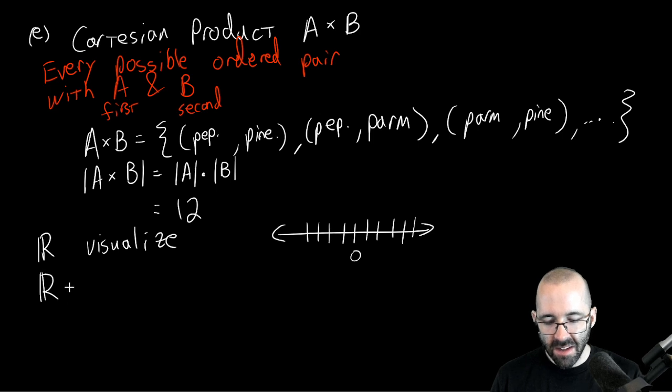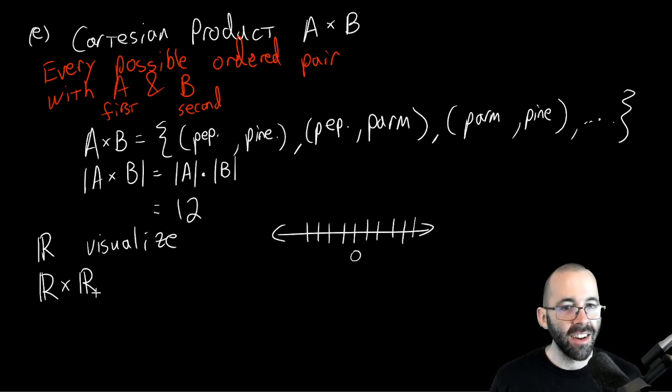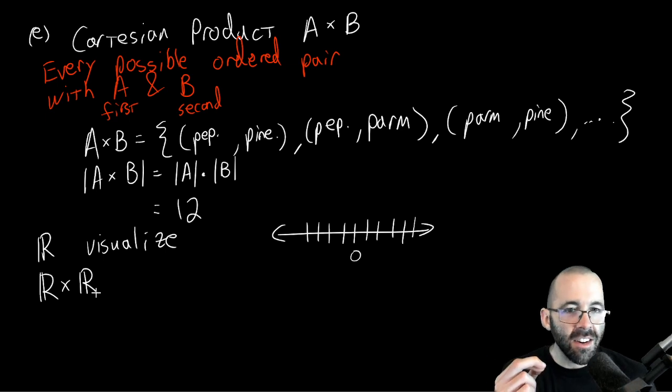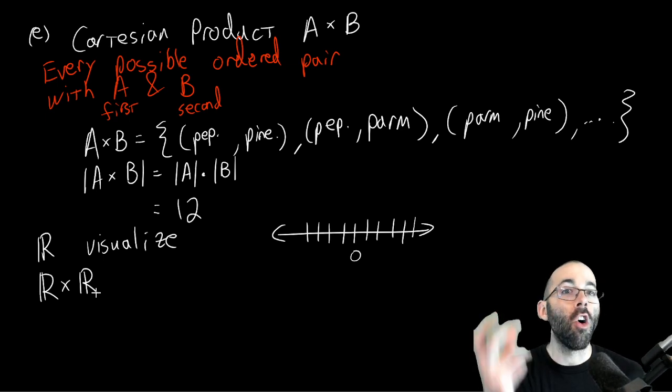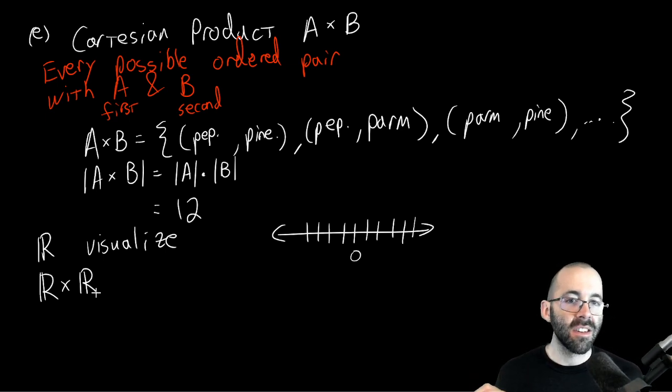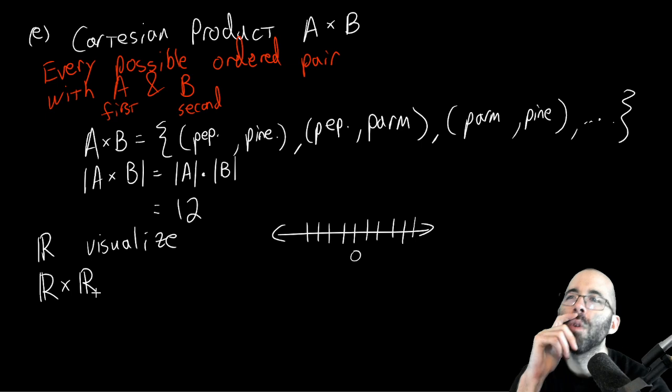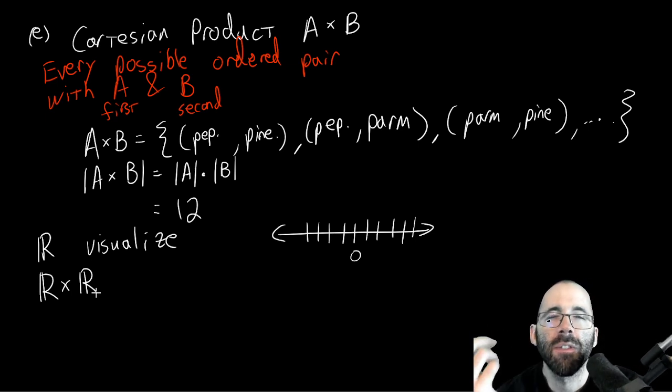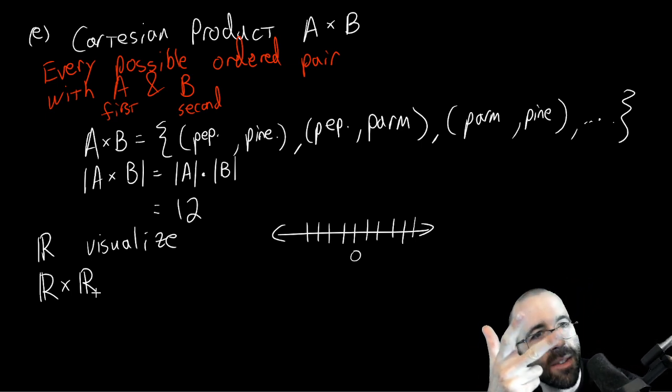Well, what is R cross R? R cross R is a set of all real numbers made as an ordered pair with all real numbers. Well, what's the list of all the ordered pairs where the first number is a real number and the second number is a real number?